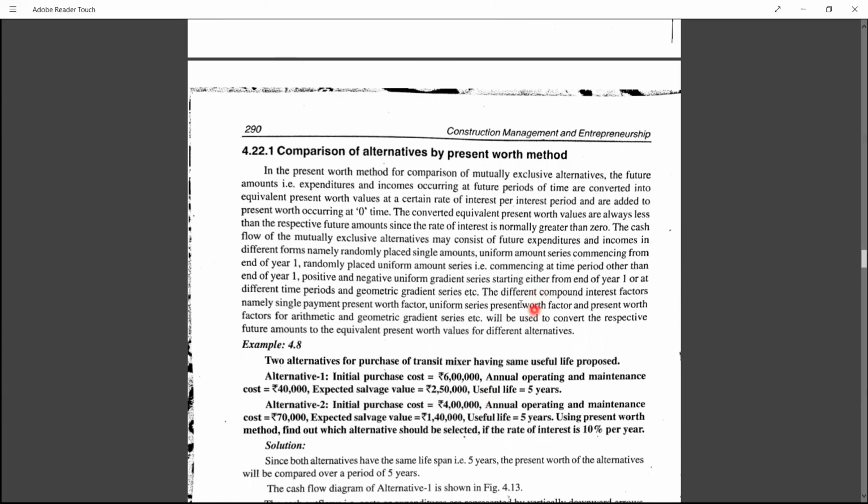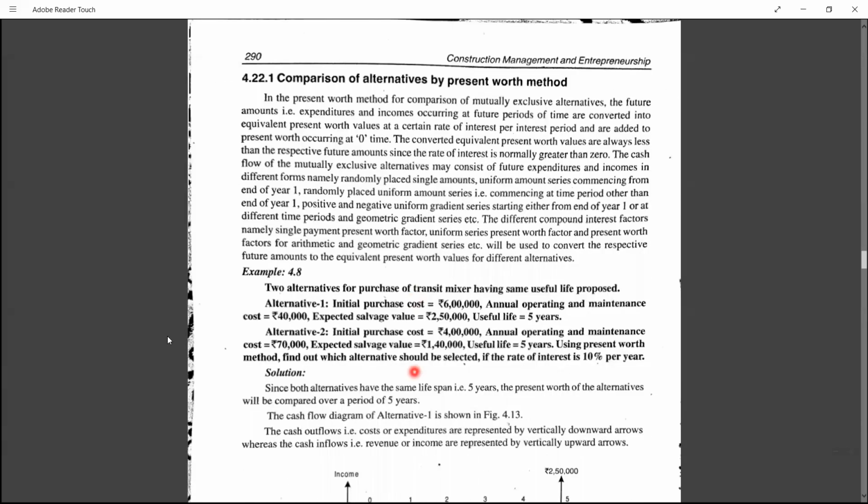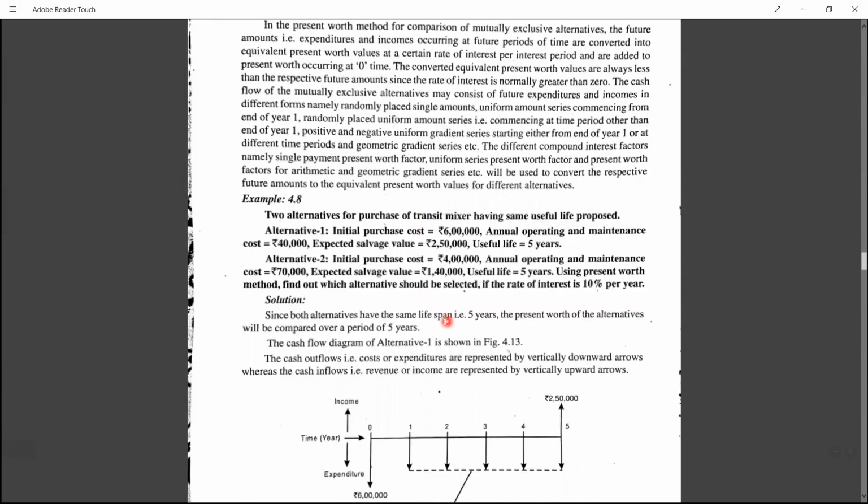This compound interest rate depends upon the present worth, geometric gradient of series, then alternative methods, based upon simple interest, salvage value, and time value. All these are calculated based on the comparison of alternatives present period. Till here you study it.